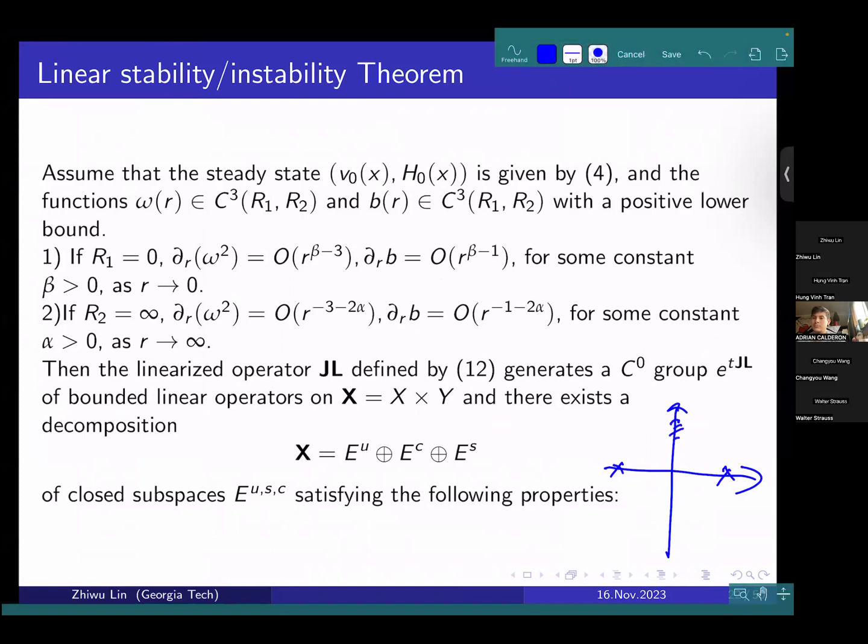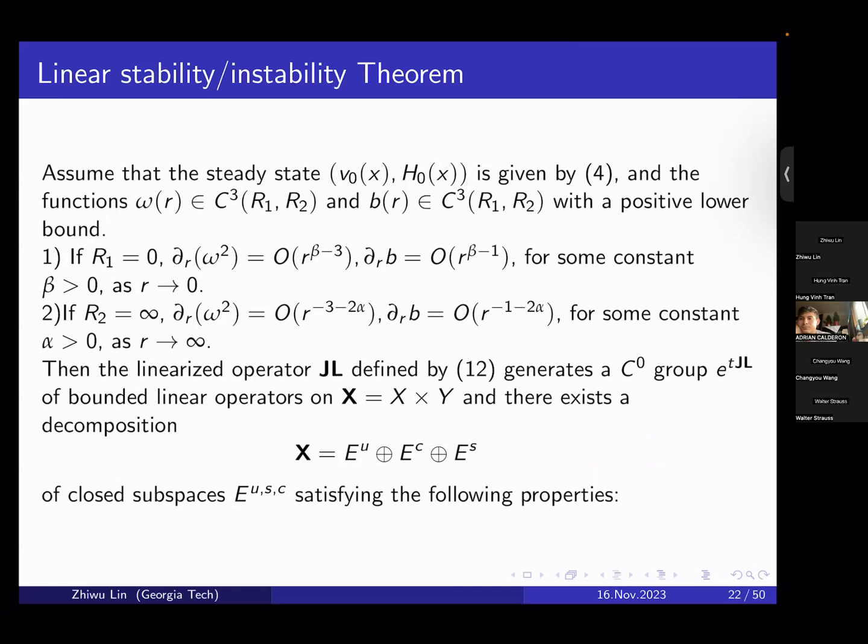And for the imaginary axis, you might have the continuous spectrum, but there is no spectrum like here. It's impossible to have this kind of complex eigenvalue. So everything outside the imaginary axis is discrete spectrum.